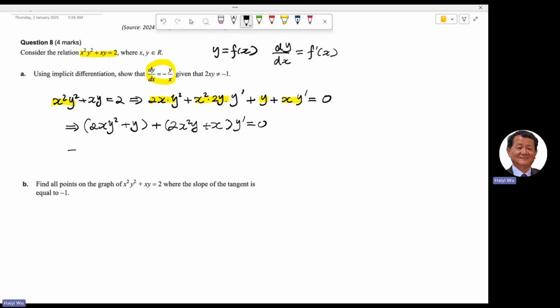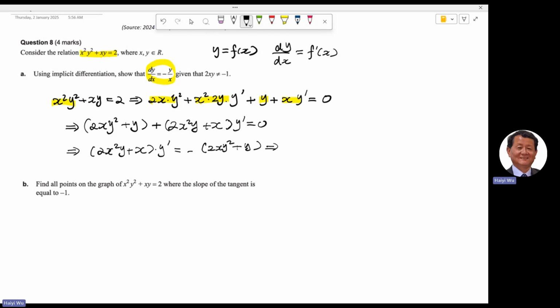Now next step, we're going to move this entire term to the left. Let's move first. I copy 2x squared y plus x times y dash equal to negative 2x squared plus y.